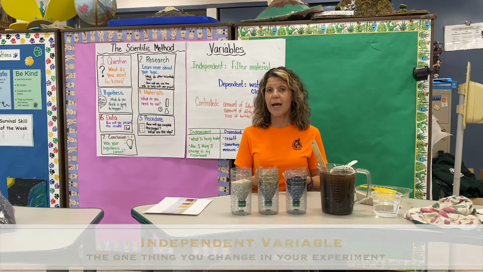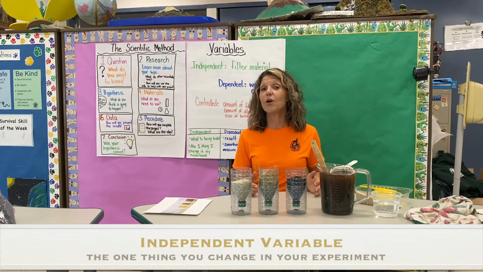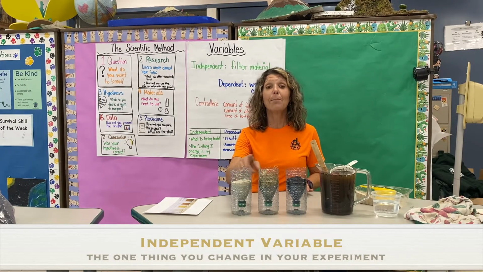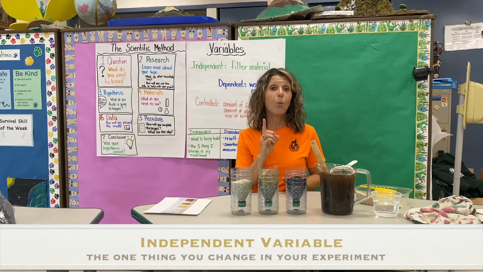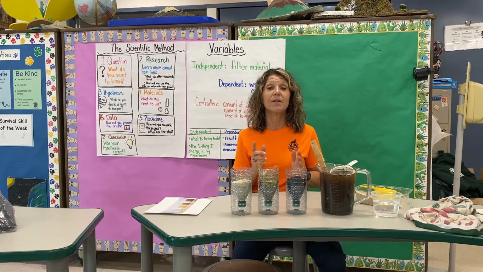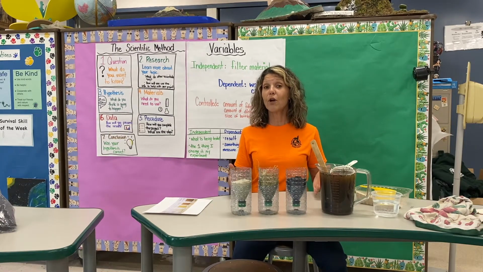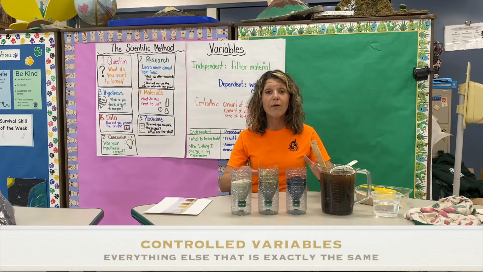Remember, in our test, the independent variable is the type of filter material. I just want one independent variable to test. My controlled variables are all of the things that are exactly the same.